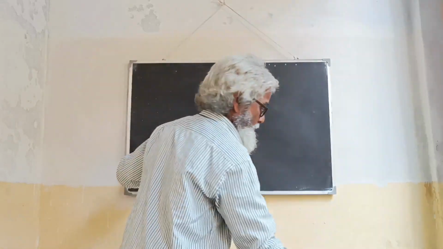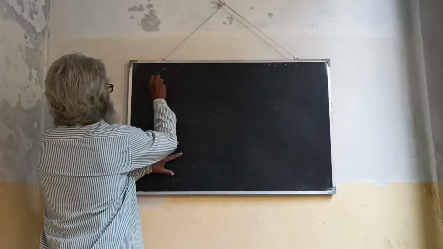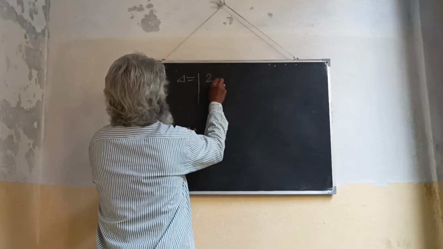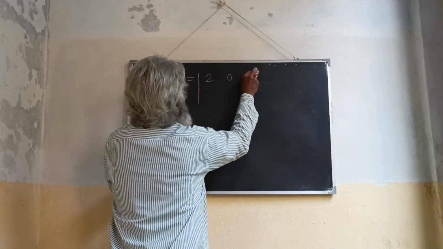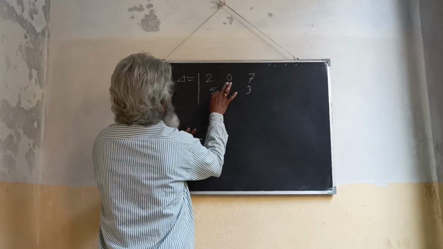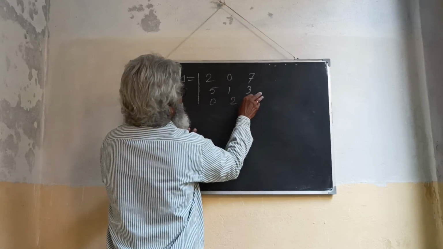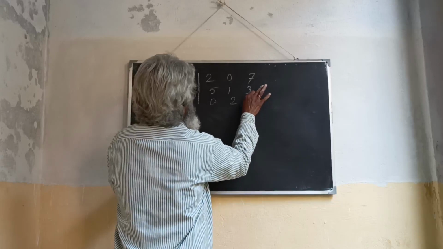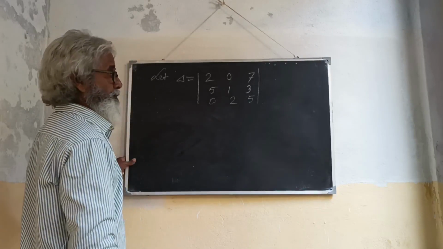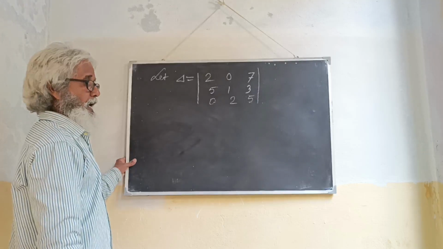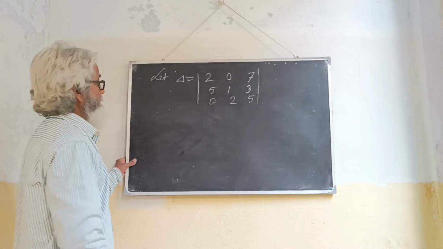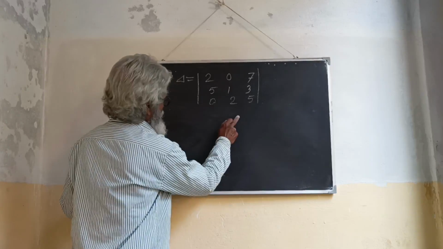Let us take a very simple problem. Now, I have told to obtain the cofactors of all the elements for the elements of the first row.